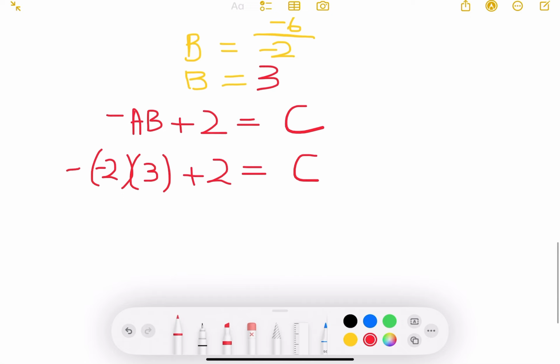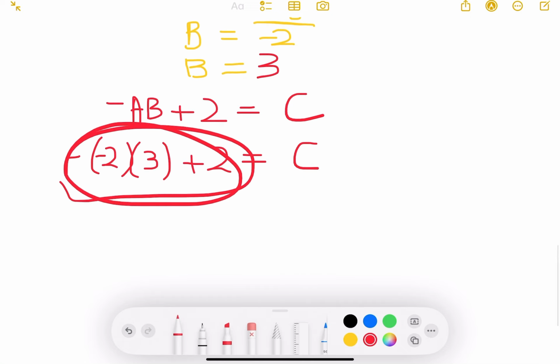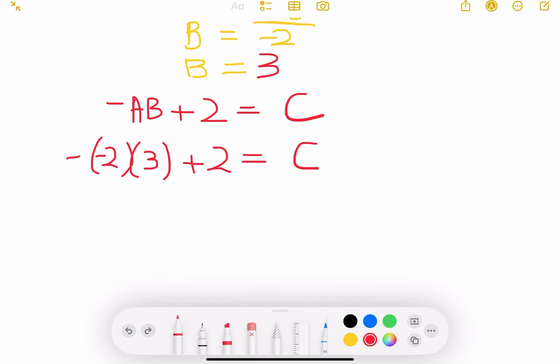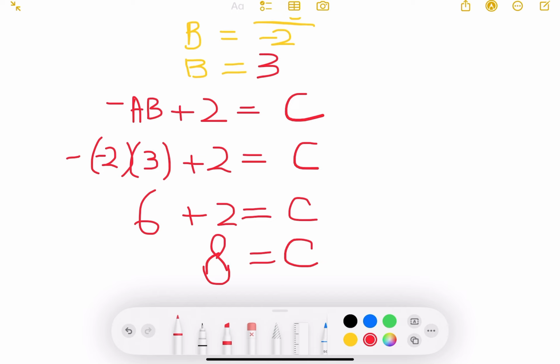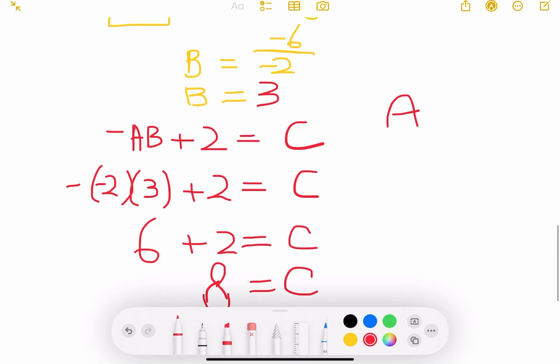Click this whole thing in the calculator. You will have 6, and 6 plus 2 is 8. So c is 8. We know that a is negative 2, b is 3, and c is 8.